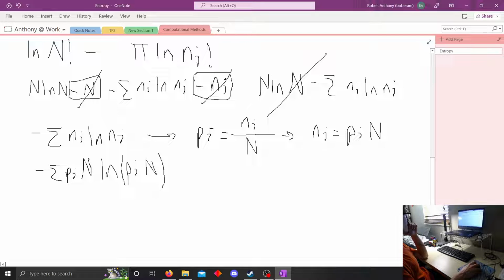And what we can do, this n is a constant, so we can actually pull this n out of the expression. So what we're left with is negative n times the summation of the probability, natural log of pi times n, equal to n.